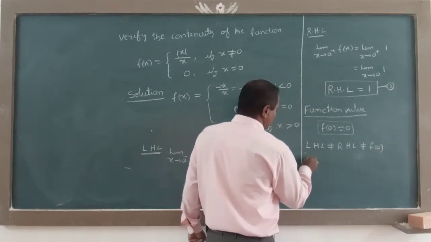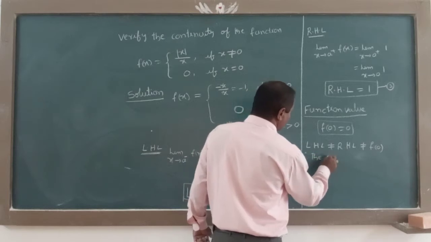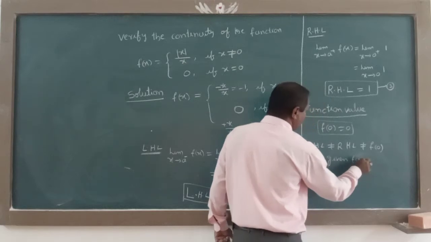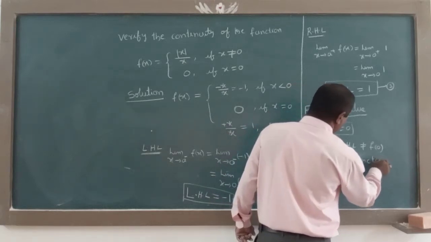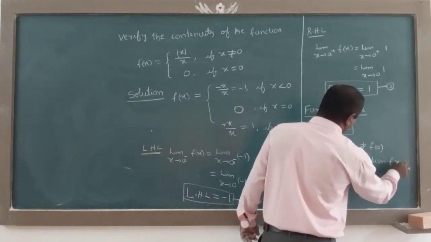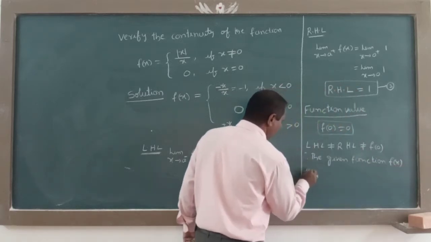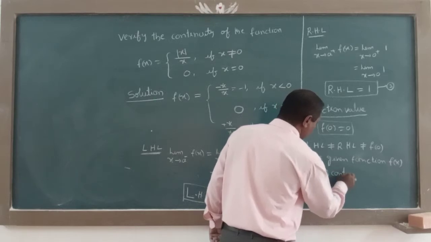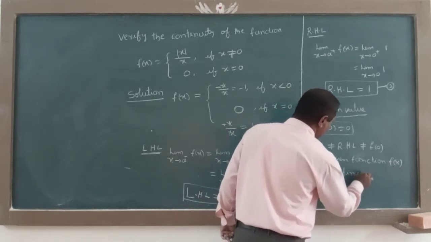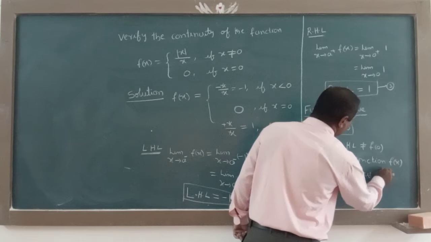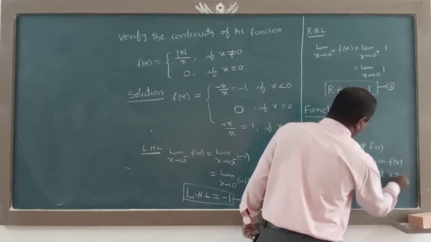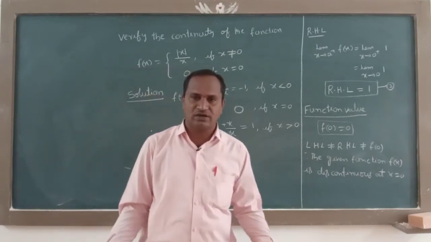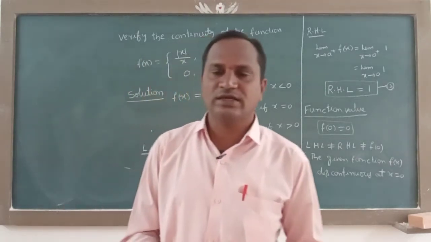Therefore, the given function f of x is discontinuous at x equal to 0, or we can say not continuous. Discontinuous or not continuous, both give the same meaning here.